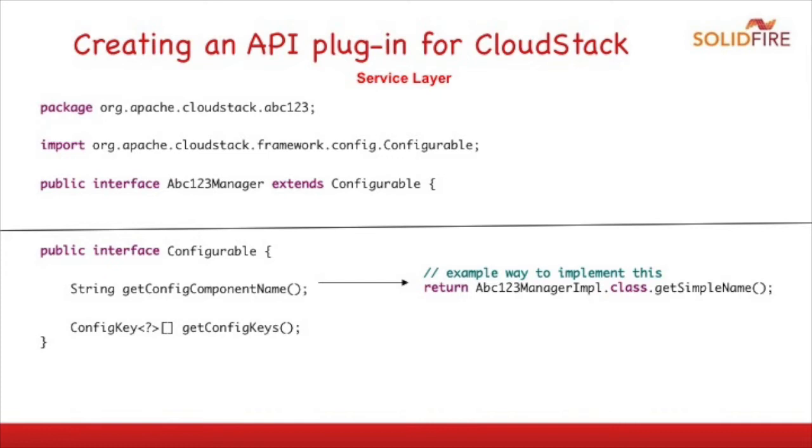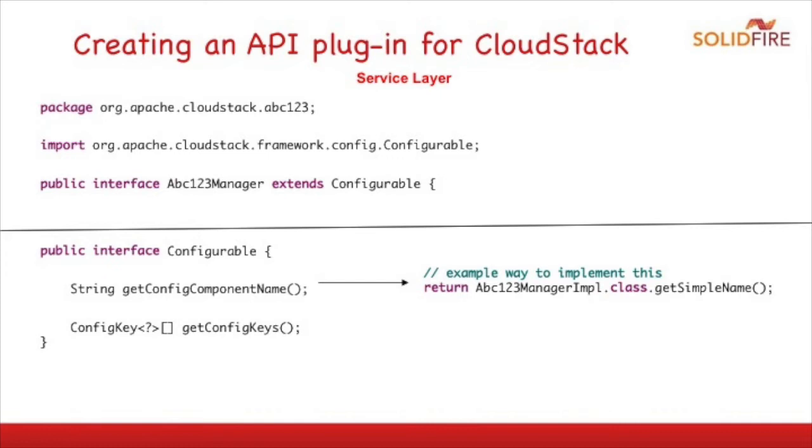So when I implemented configurable, in my ABC123 manager impl class, I just took ABC123 manager impl.class to get an instance of the class that describes that class, and then I just got its simple name. Maybe you want to get the fully qualified name, whatever allows you to debug if you ever do have a name conflict with somebody else's plugin.